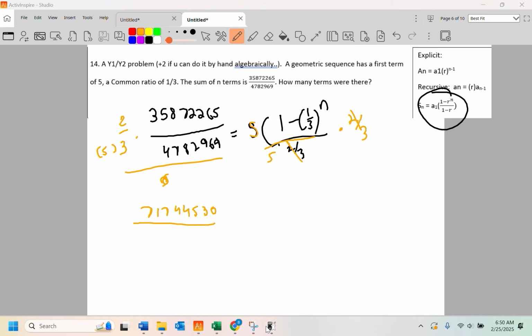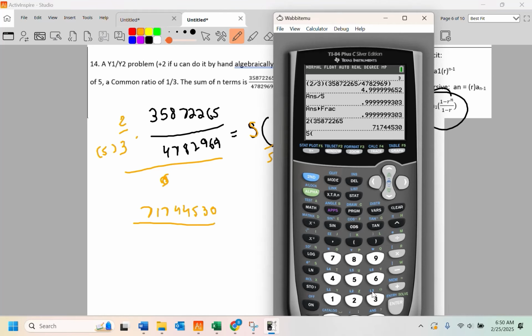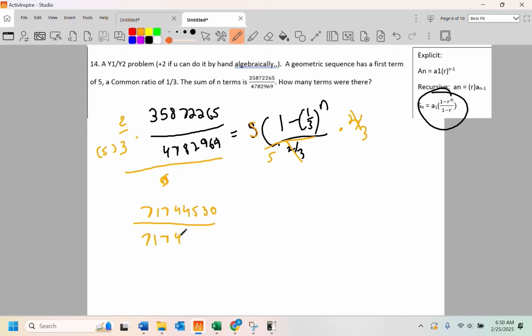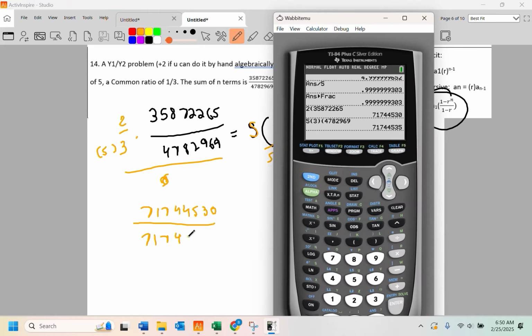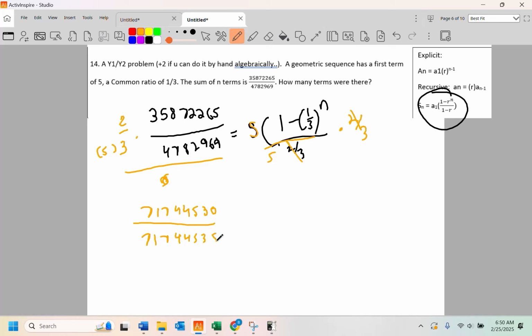The bottom is 5 times 3 times 4782969. That's why they were so darn close to each other. And that equals this guy, 1 minus a third to the n.